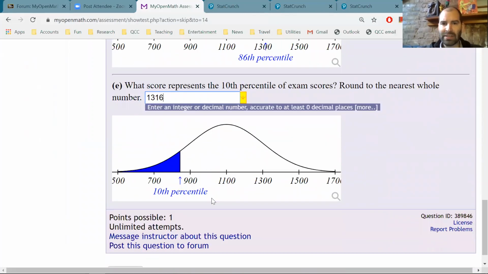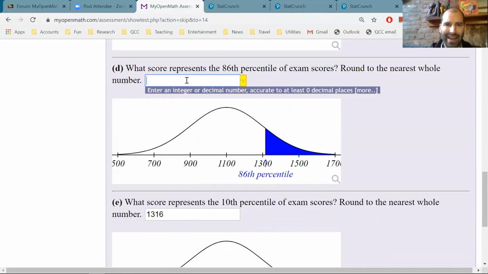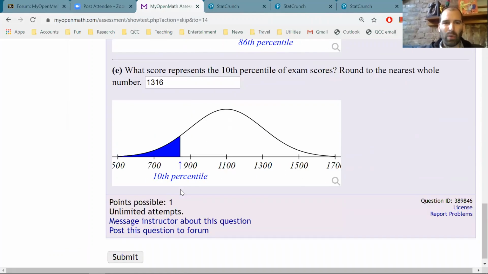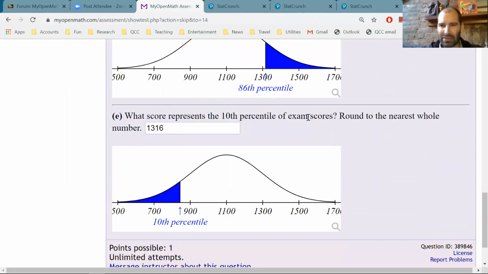What score represents the 10th percentile of exam scores? Oh, I put this in the wrong spot. Sorry. 1316 goes here. Okay, so what score represents the 10th percentile of exam scores? So the 10th percentile is the score that's greater than the lowest 10%. So that means that the proportion to the left of that score is 0.1.